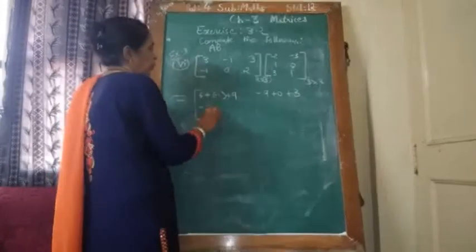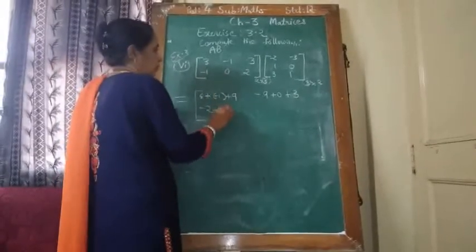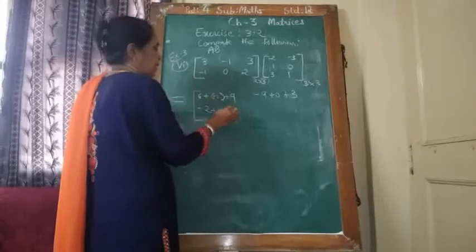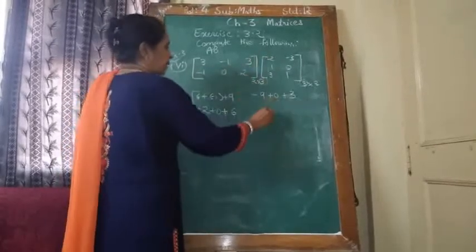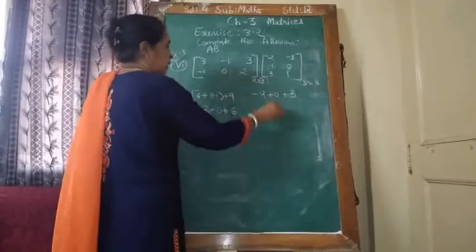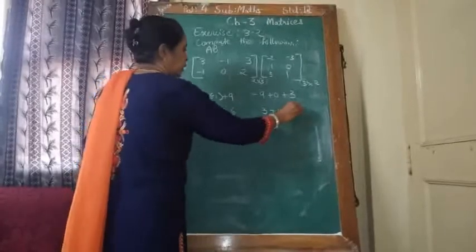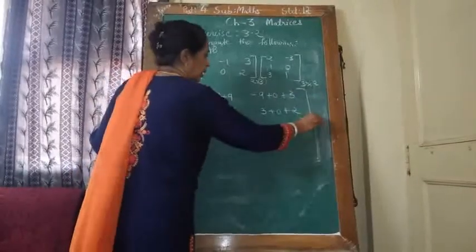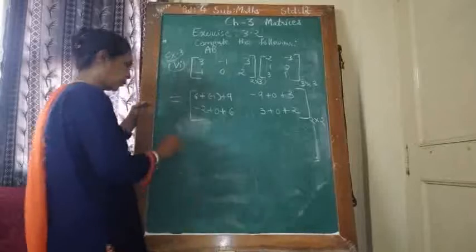Minus 2. 0, 6. Minus minus plus, 3 1s are 3, 0. 2 1s are 2. So the resultant matrix is 2 cross 2.